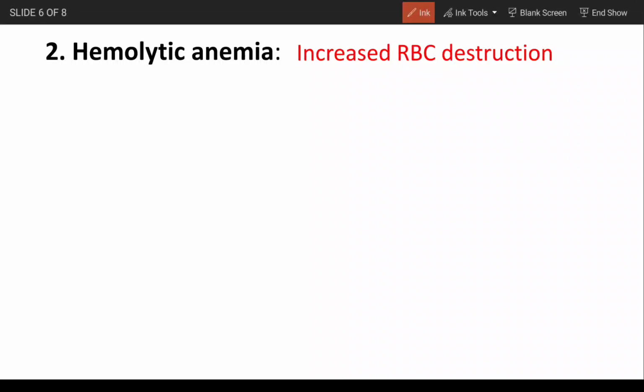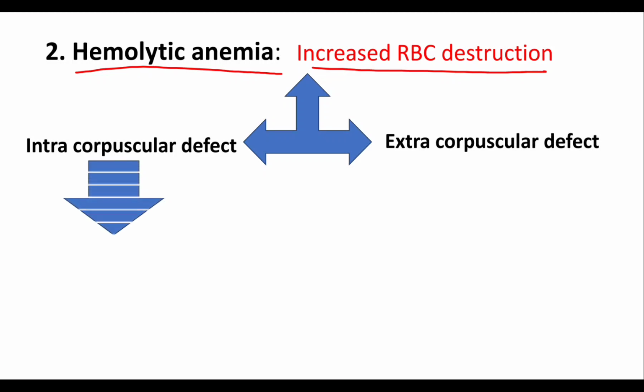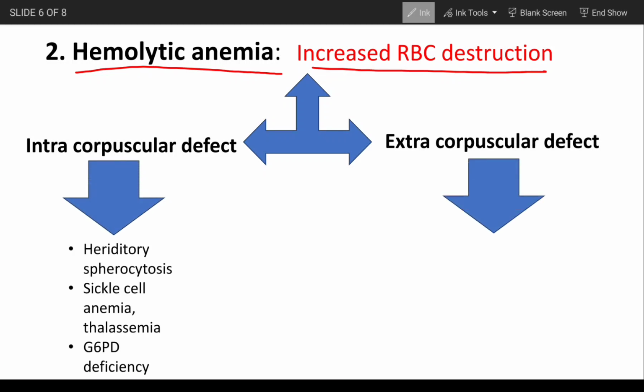Next etiology is hemolytic anemia. Hemolytic means RBC destruction. Increase in RBC destruction causes hemolytic anemia, and it is divided into intracorpuscular defect and extracorpuscular defect. Here the intracorpuscular defect refers to abnormalities in the RBC itself.